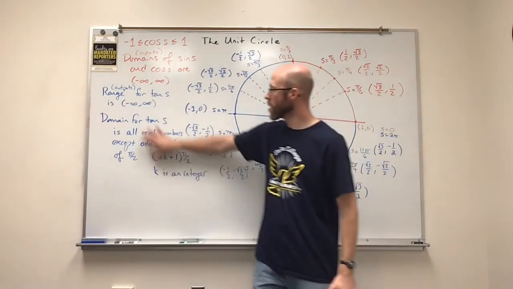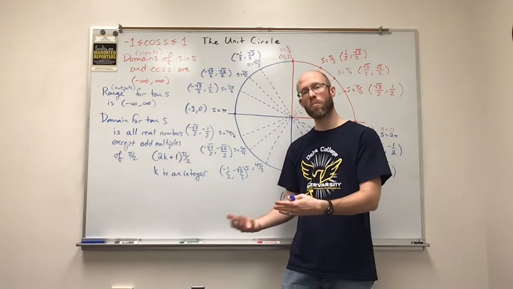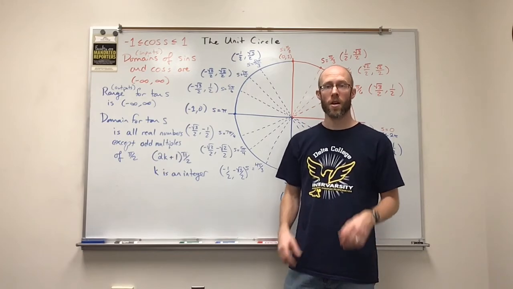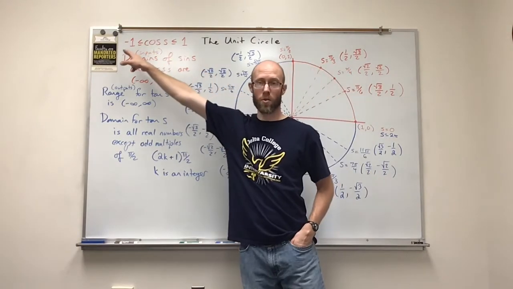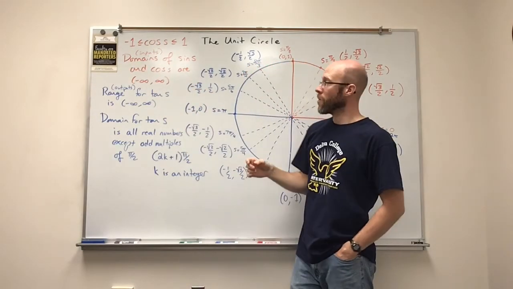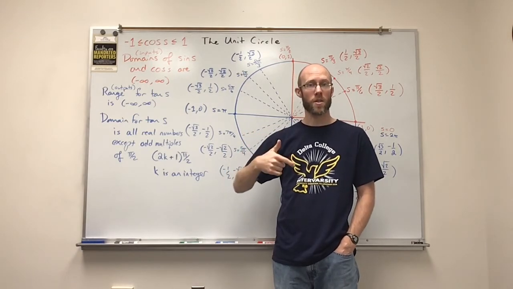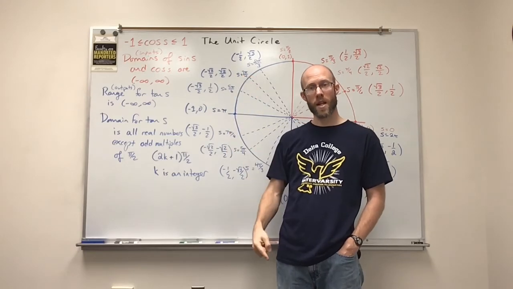those are just some quick properties or restrictions on the values of the outputs and the values of the inputs for the trig functions based upon this unit circle idea. What's also interesting, I mentioned that the sine and the cosine are always between negative 1 and 1. Then that also means their reciprocals, which are the secant and cosecant, will always be greater than 1 or less than negative 1.